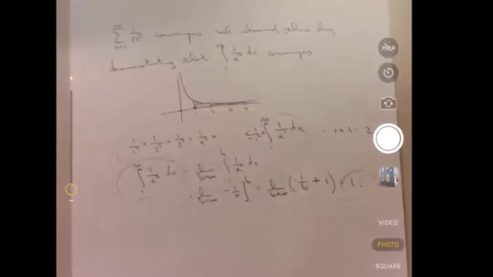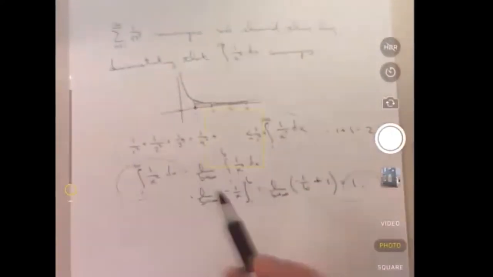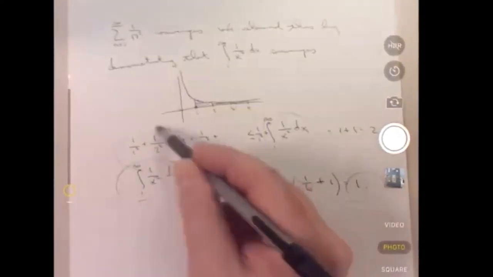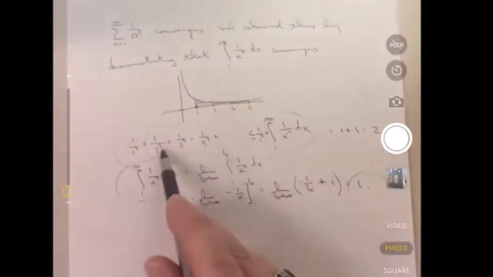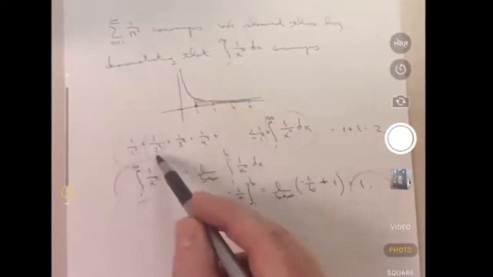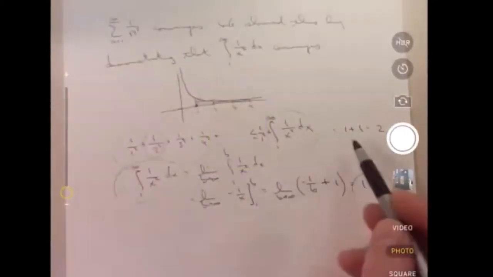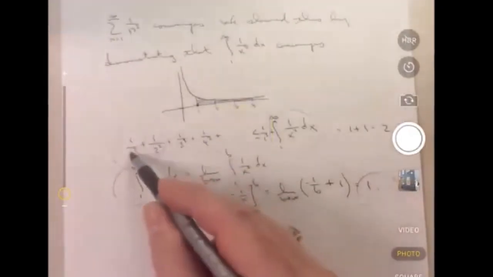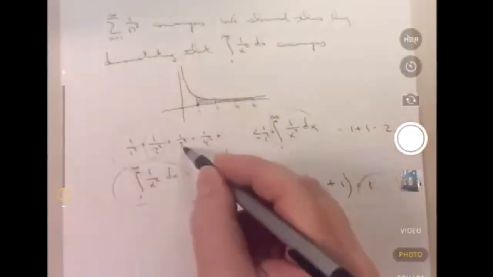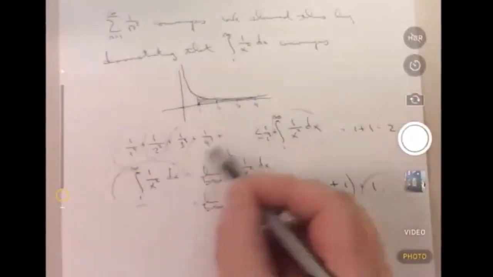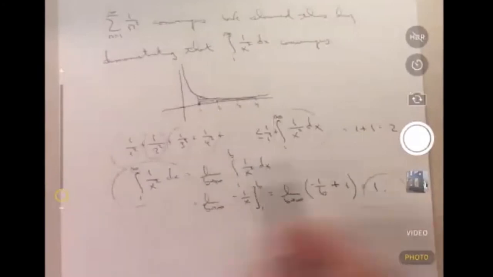Now we know this is going to work because what we really have shown here is that 1 over 1 squared plus 1 over 2 squared, that's that first term, 1, plus the area of that first rectangle, is less than 2. If I add the next term to get the next partial sum, that's less than 2. The fourth partial sum, less than 2.